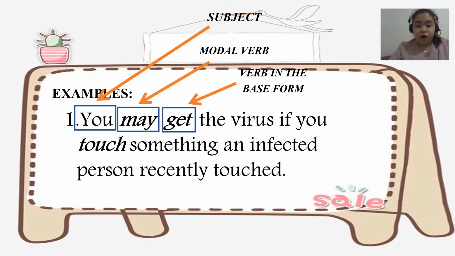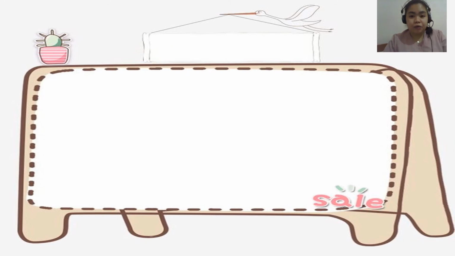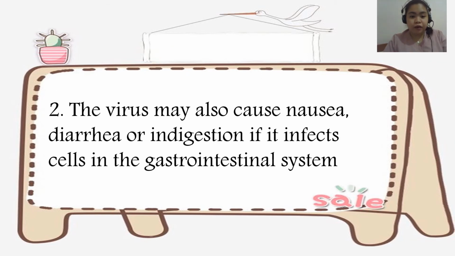So in the if clause, we have a verb as well. That is in the present tense, which is the verb touch. So now let's move on to our last example. The virus may also cause nausea, diarrhea, or indigestion if it infects cells in the gastrointestinal system.